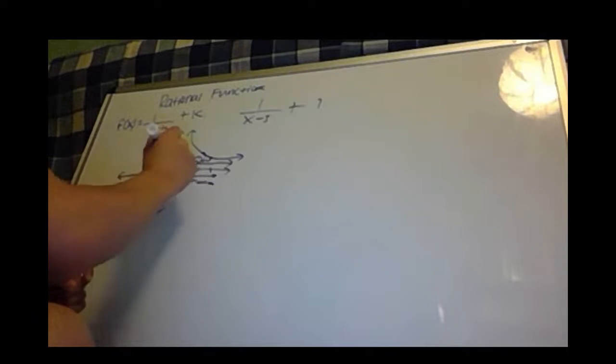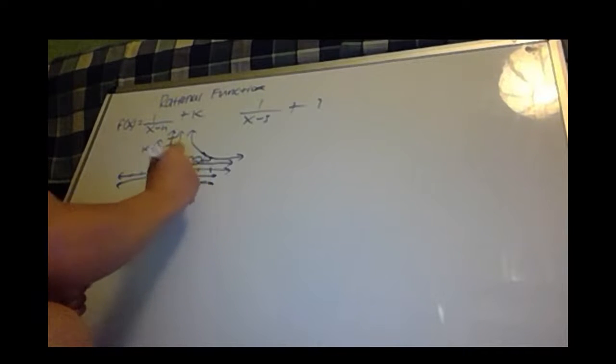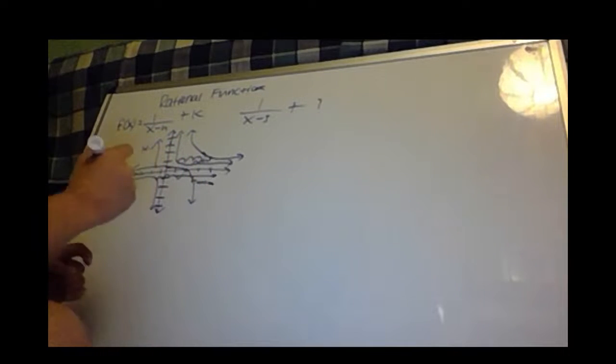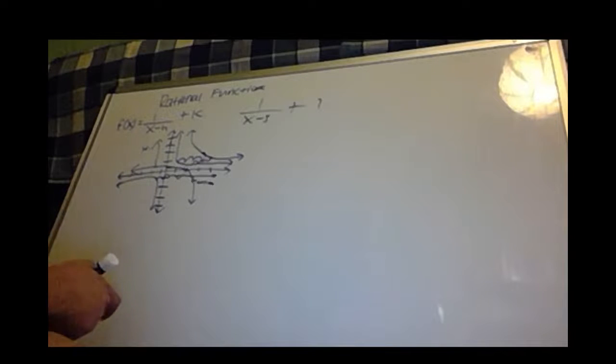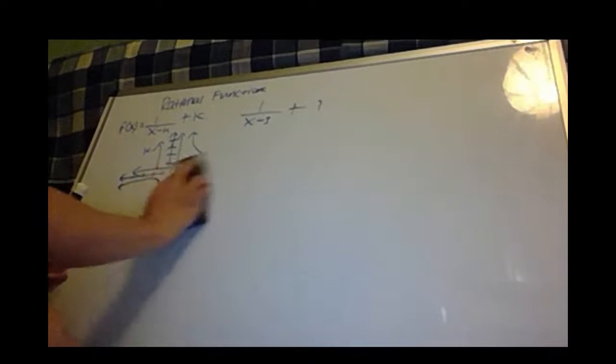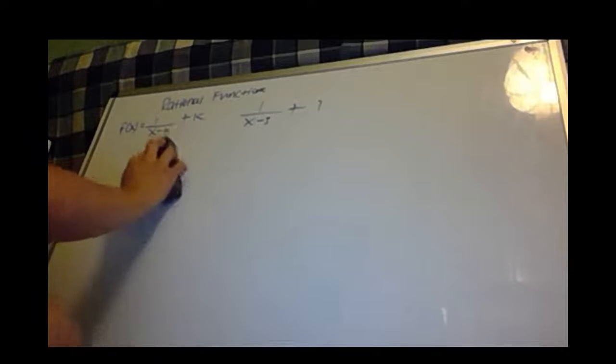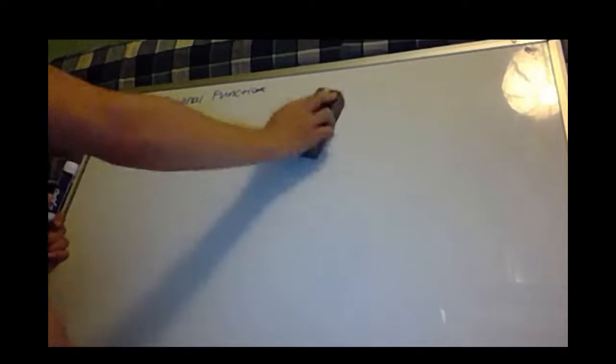Something like that, and then you would do something like this. Okay. That's how it would be. It's a little hard to explain. It's like shifting functions.